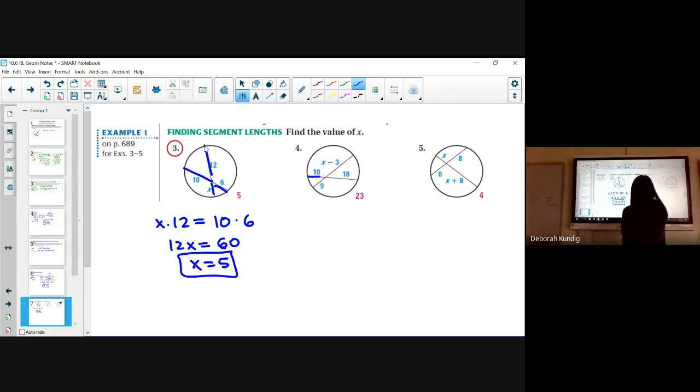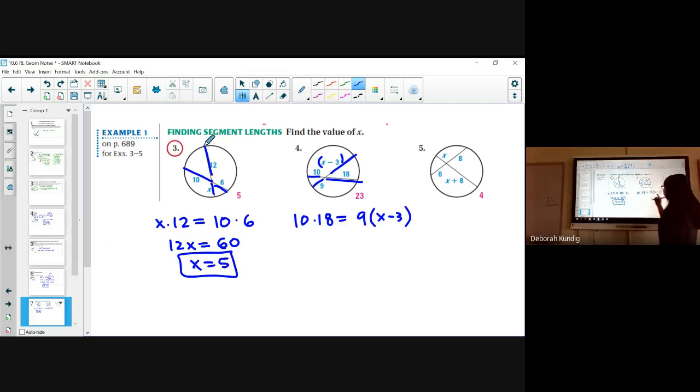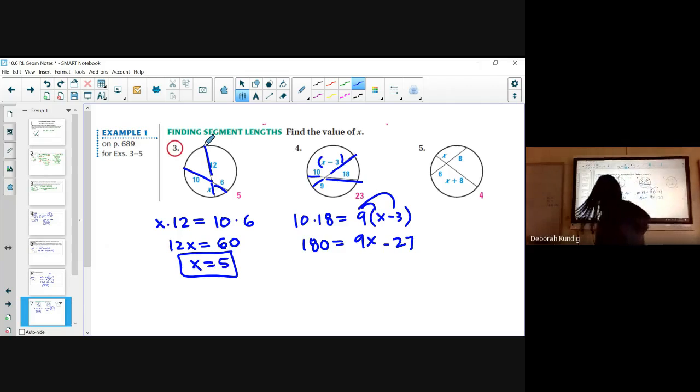So this one is piece times piece, so 10 times 18 is equal to this piece times this piece. There's two terms, so I'll put 9 times x minus 3. X minus 3 in parentheses, there's two terms. So this turns into 180 is equal to 9x minus 27. 180 minus 27 is 153, and then I'll divide that by 9.